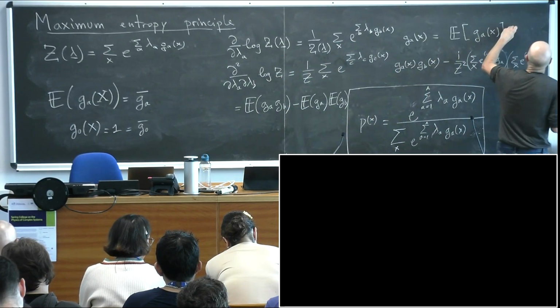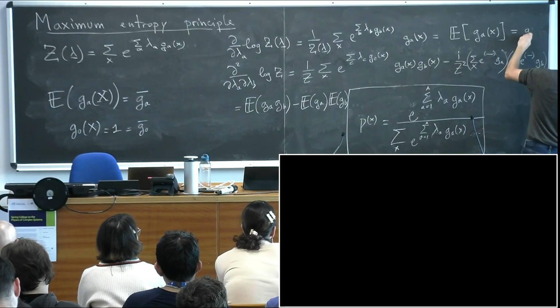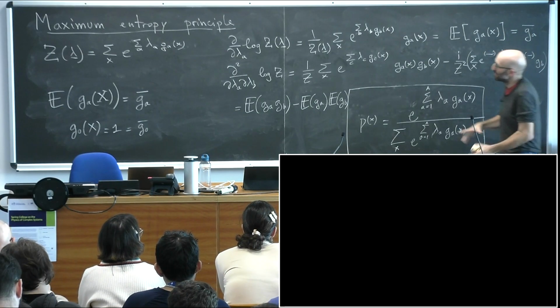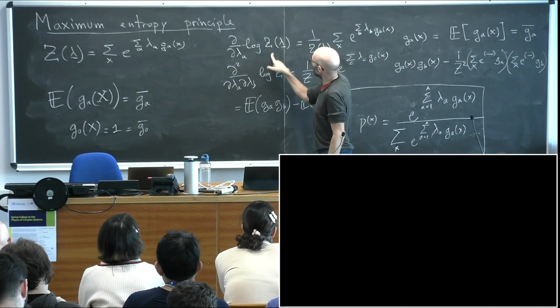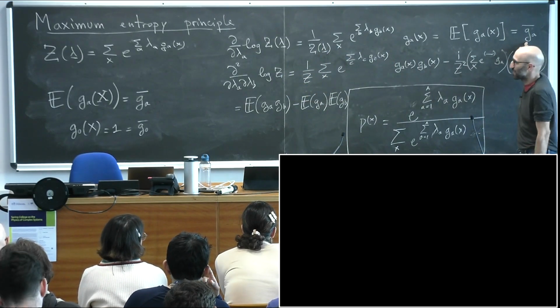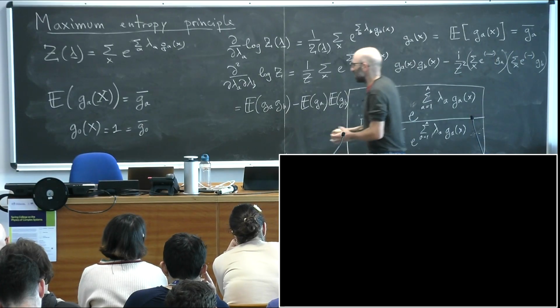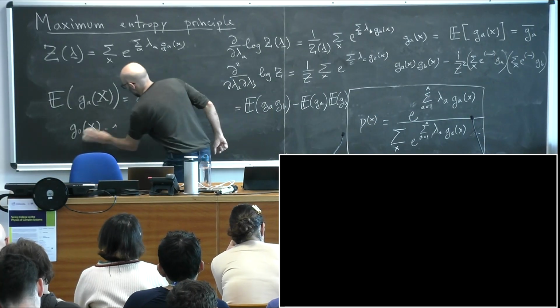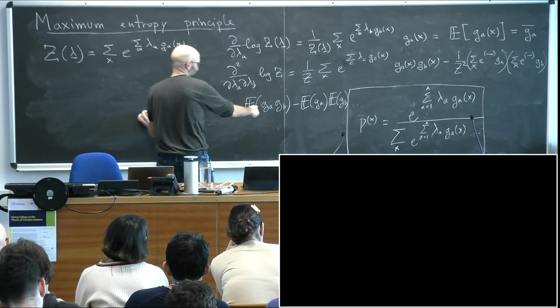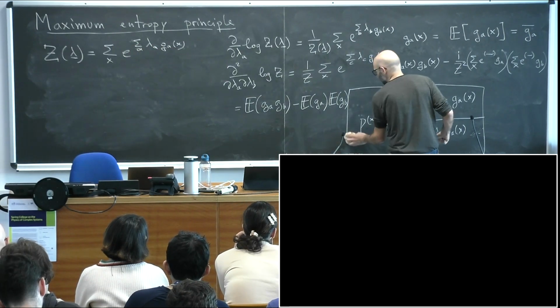So what we would like to do is to impose that the derivatives of the logarithm of Z are equal to these numbers that we want to fix. And at the same time, we know that the second derivatives are the covariances.